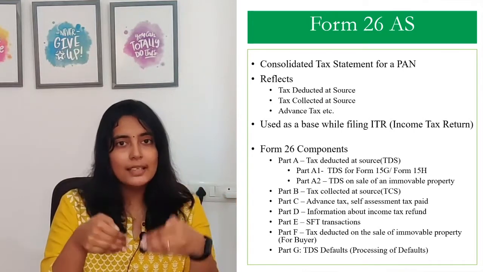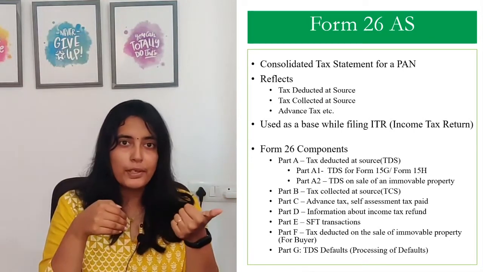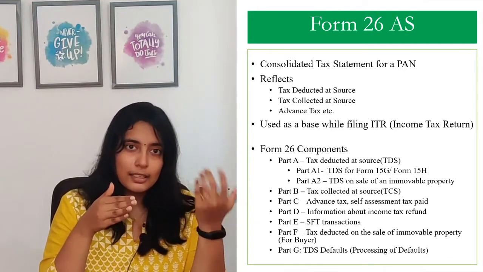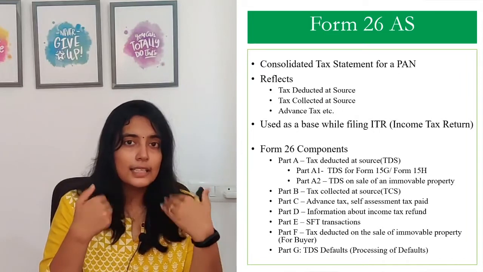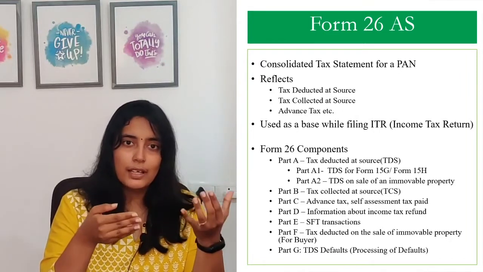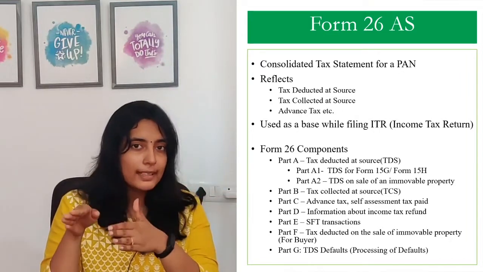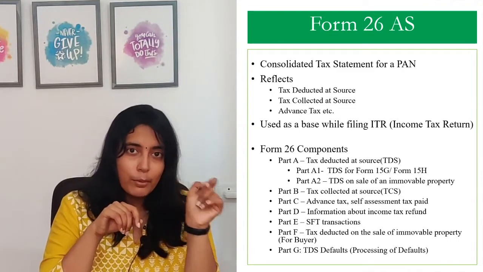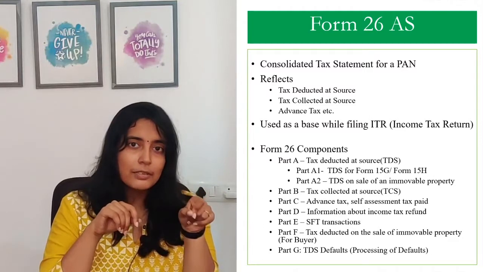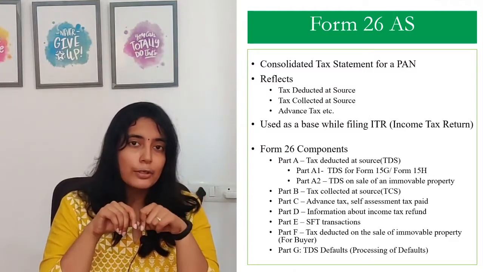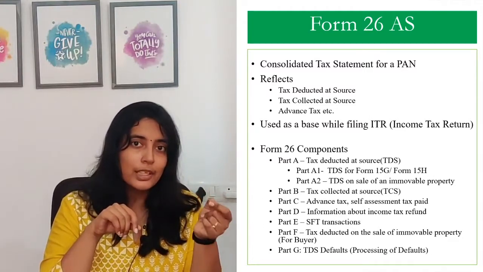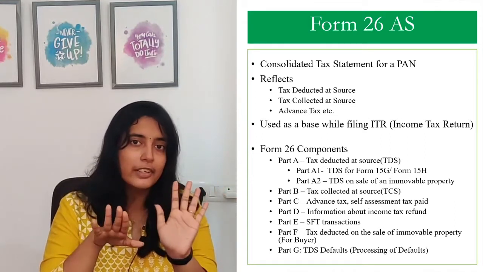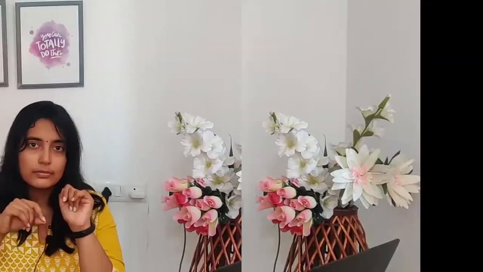Similarly, if you do any other transactions like sale of properties or any other transactions, then the tax that is deducted for you or the tax that is collected by you as a buyer or anything will get reflected in your Form 26AS. This is a very important document because this will serve as a base when you are filing your final income tax return for the year. You will have the record and proof of all the taxes that are already deducted for you.